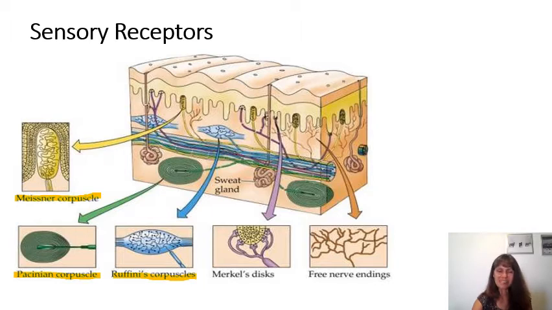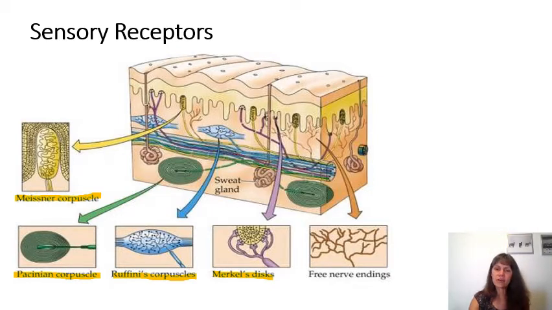And Merkel's discs, as they are labeled on this picture, they're actually Merkel's cells or tactile cells. Some texts will refer to them as Merkel's discs, but they're actually Merkel's cells or tactile cells, and what you're seeing is a picture of these cells in the stratum basale.